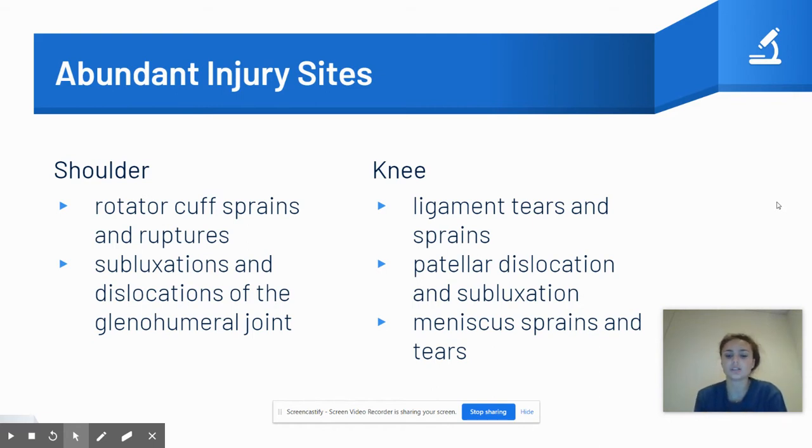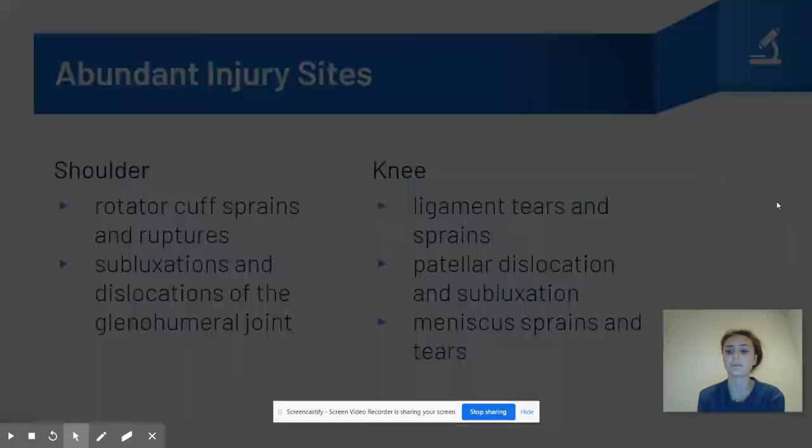Along with ACL tears, most of the time there are meniscus sprains, which is just a little bit of a tear or maybe just a small issue with the meniscus, and also meniscus tears, and those usually go along with ACL tears or sprains. And then we also have patellar dislocation and subluxation from when people land incorrectly or players land in an awkward position for their knee and they are not protected for issues that may happen like that.